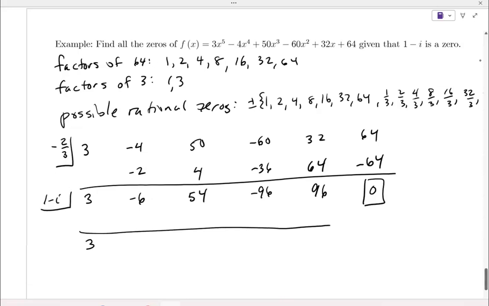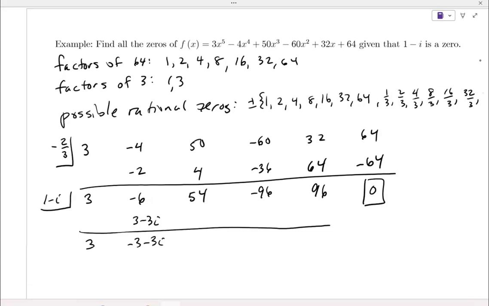Bring down the 3, multiply. Good. Add down. Good. Now again, if you need to write off the arithmetic off to the side, you can. But I can do it here step by step. 1 times negative 3 is negative 3.